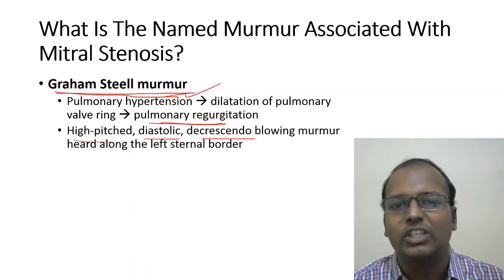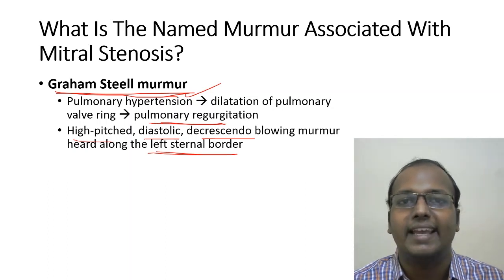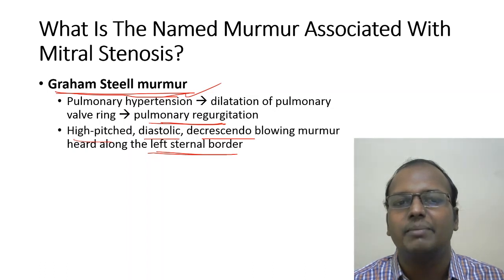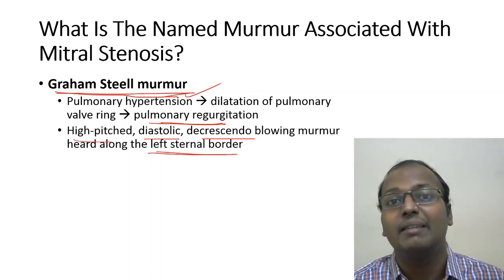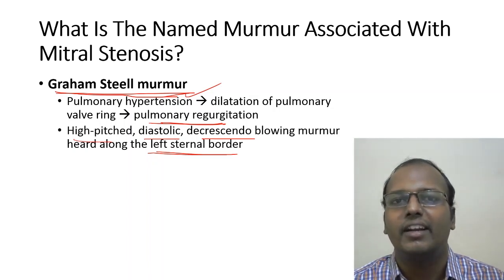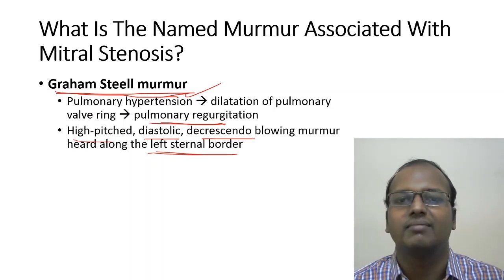High-pitched diastolic decrescendo blowing murmur heard along the left sternal border. This will be a differential diagnosis for your aortic regurgitation murmur as well. Aortic regurgitation murmur is characteristically heard in your third left intercostal space close to the sternum, which is also called Erb's area.